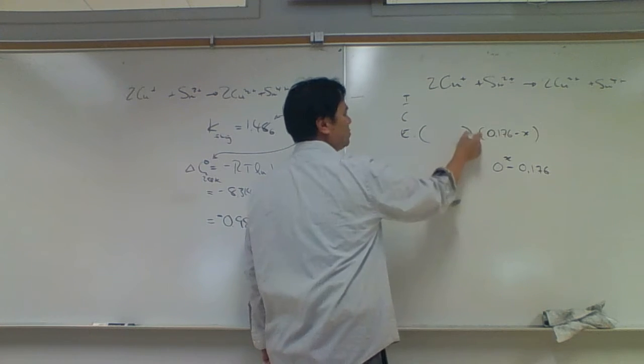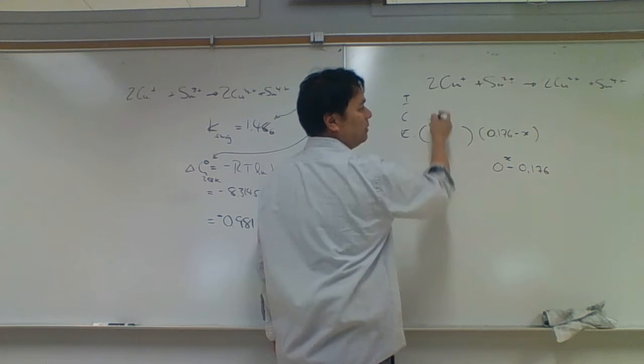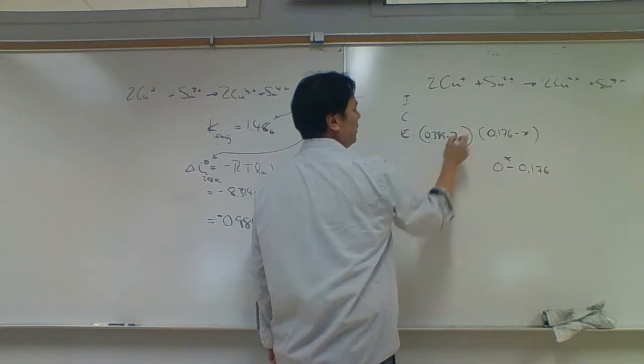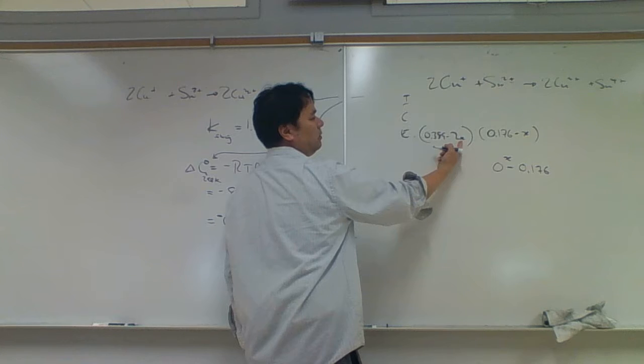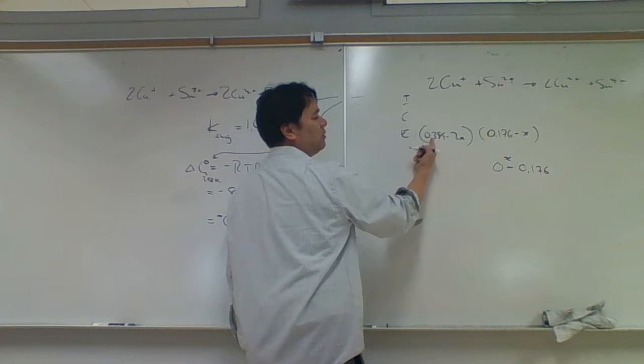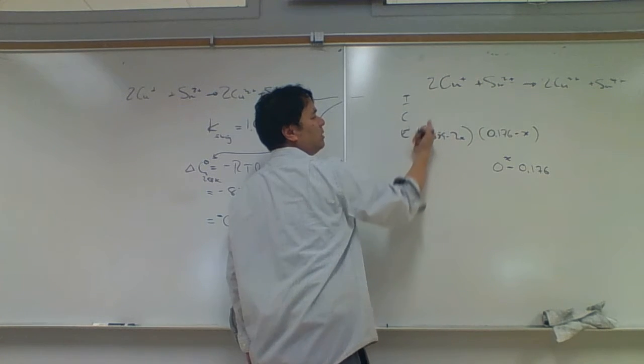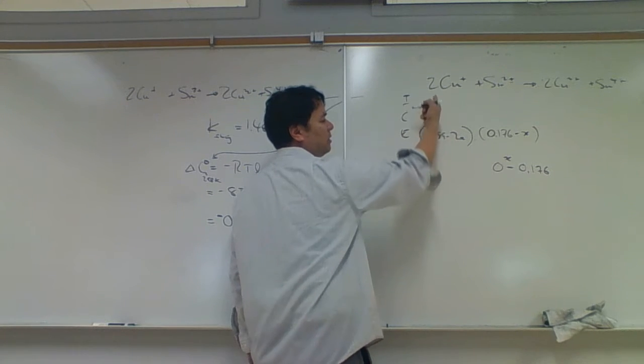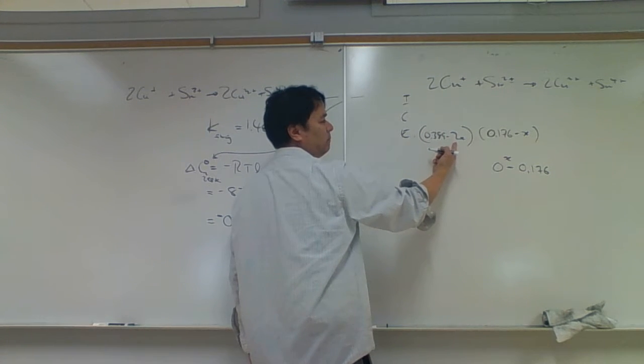And then this term is going to be 0.389 minus 2x, and so this is going to restrict it. 2x cannot be greater than 0.389, otherwise we run into a negative molarity. Negative molarities don't exist. The smallest molarity we can have is 0, nothing.